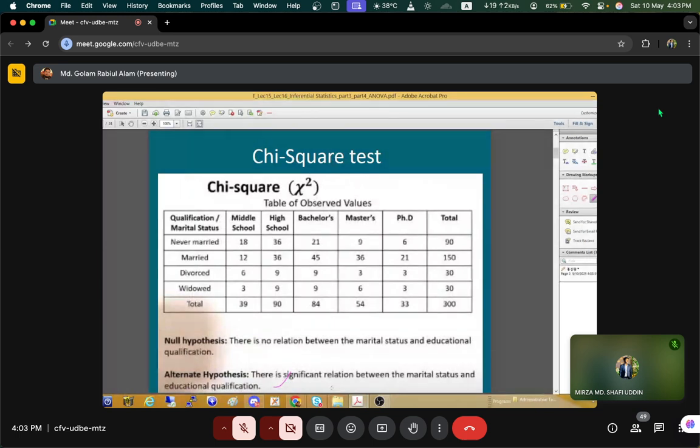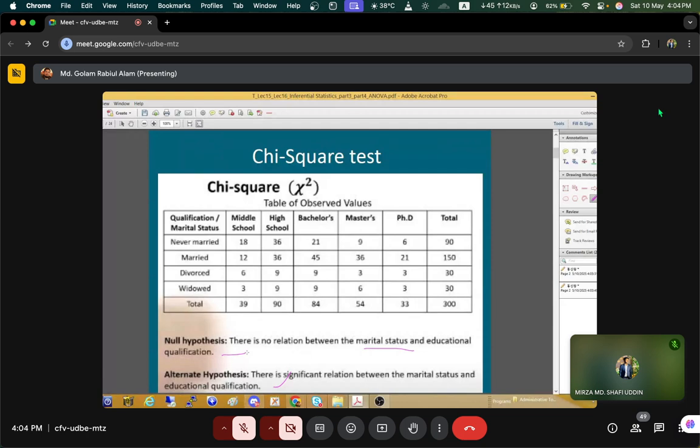So we put that in the alternate hypothesis. In the null hypothesis, there is no relation between marital status and educational qualification. This may be the common belief, but someone wants to prove there is a significant relation.